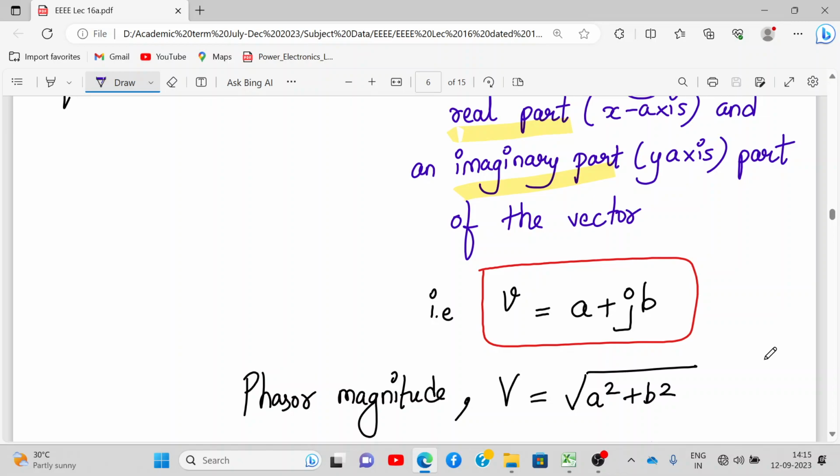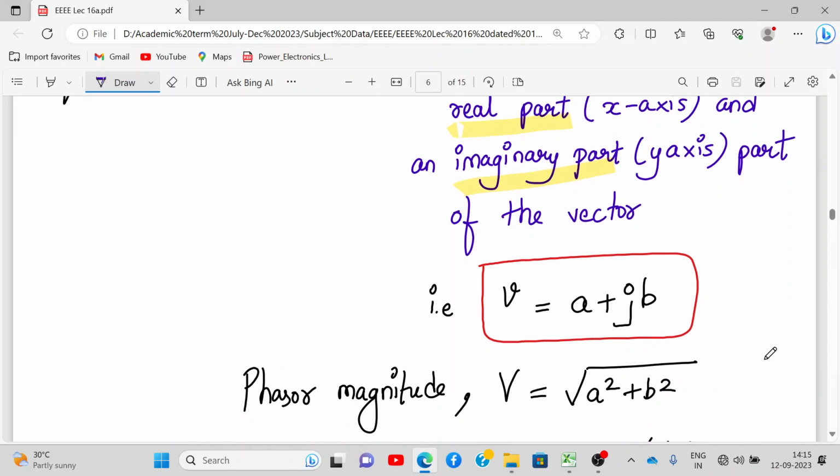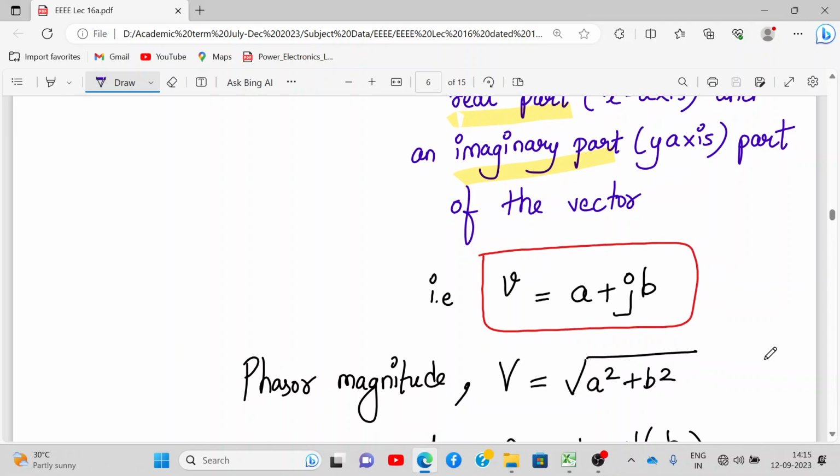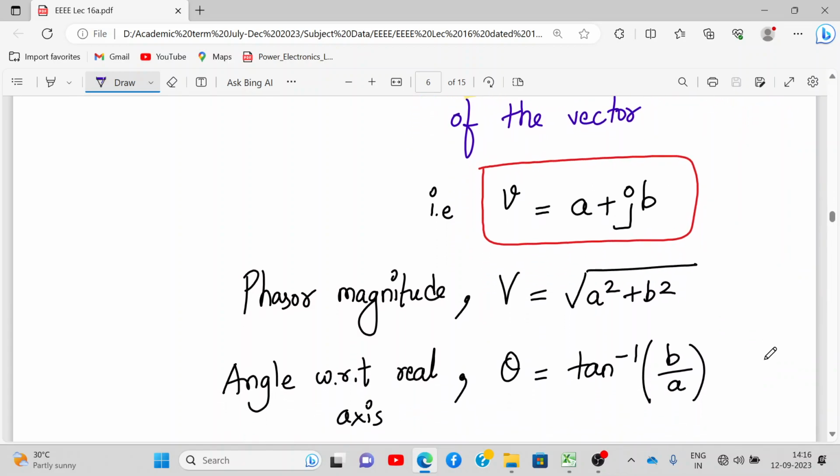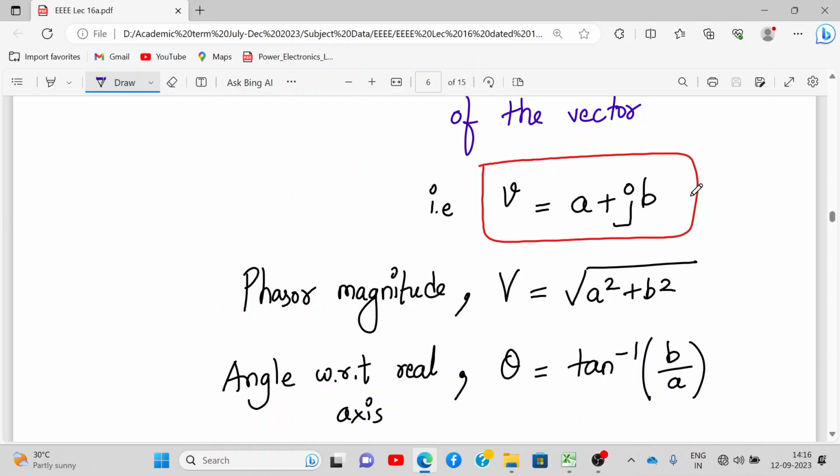Got it? And the magnitude of this vector will be square root of A square plus B square. And what will be the phase? The phase angle is given by tan inverse of B by A. So that is called theta. I know you know it already. Please write it down still. So which form are we talking about?